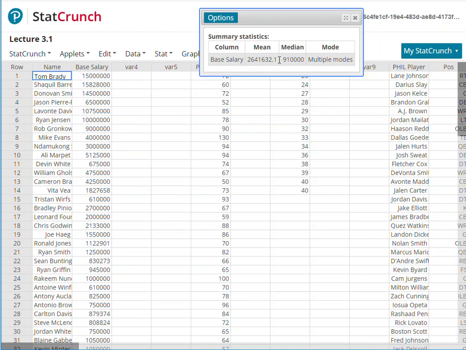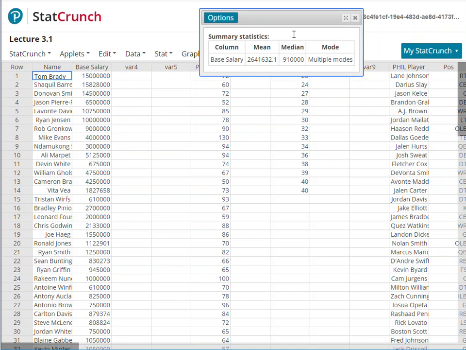That means that 50% of the players earn more than 0.9 million, but 50% of the players earn less than 0.9 million.